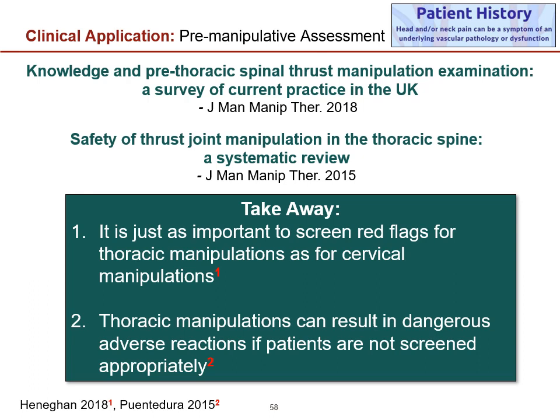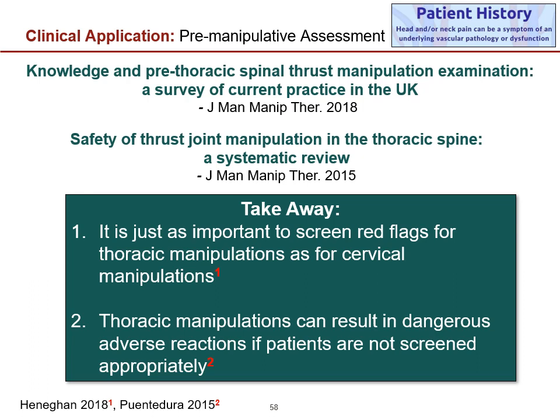And two seminal articles that have highlighted this are shown here, both published in the Journal of Manual and Manipulative Therapy. So the big takeaways from these, for the first is a survey of current practice within the UK, as well as a systematic review of the safety of thrust joint manipulation of the thoracic spine, are one, that it's just as important to screen for red flags for the thoracic manipulations as it is for cervical.